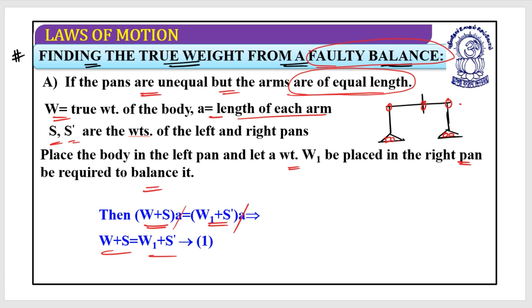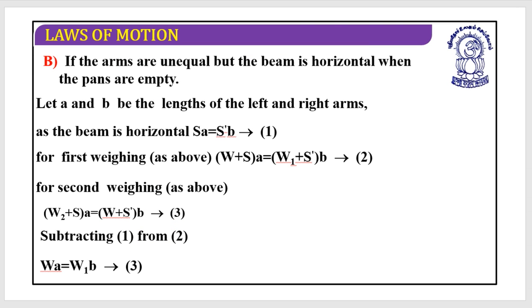But this is the case when arms are of equal length. Only if arms are of equal length can I use this. If arms are not of equal length, what would be the situation? What do you think? Let's have a look. This is the second situation: the arms are unequal, but the beam is horizontal when the pans are empty.